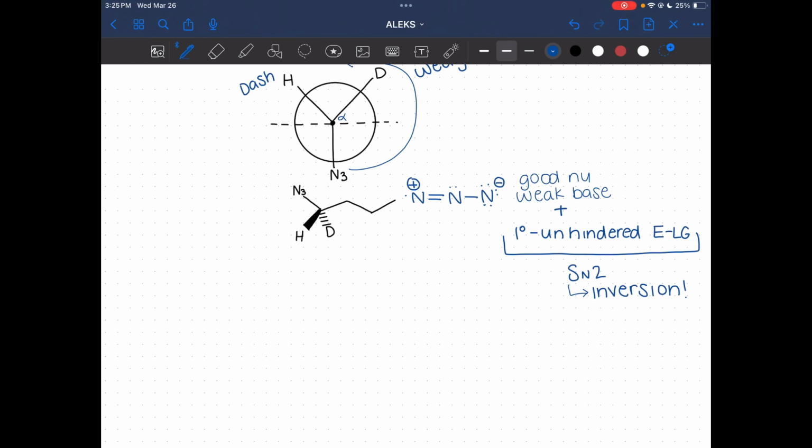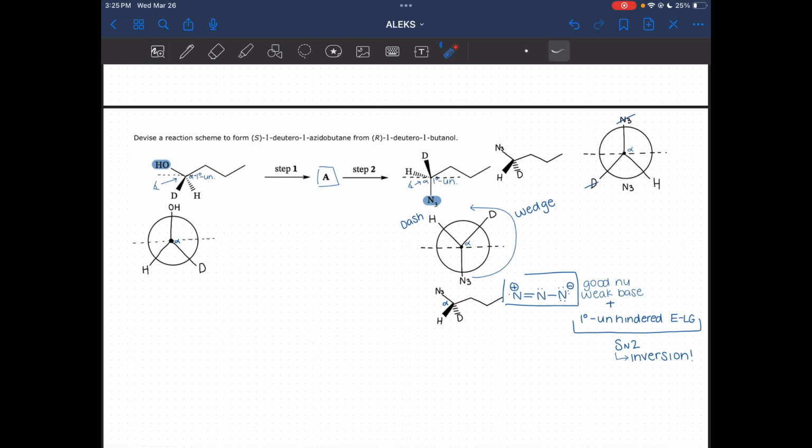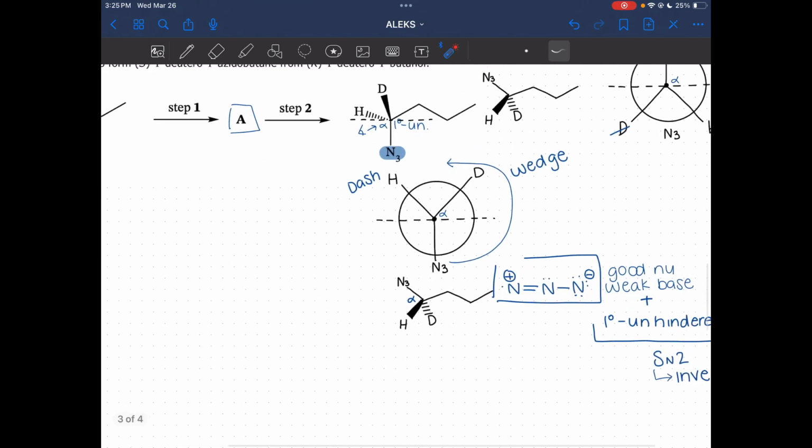So the fact that this step to get this N3 attached to this alpha carbon would allow us to do this inversion that we obviously see occurred between the starting material and final product, based on the fact that this D and H switched their places. This is a good sign that we're on the right track.